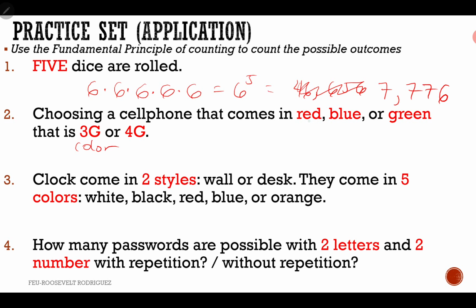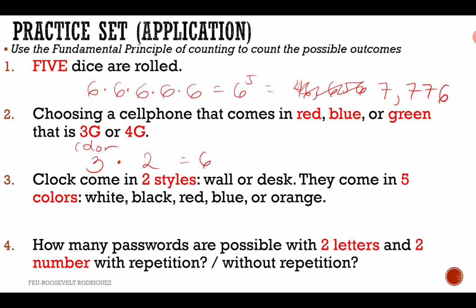For the color, we have 3 possible choices. And for the type, 3G or 4G, we have 2. Okay? So, just multiply those values. Therefore, we have 6 possible combinations or outcomes for this given problem. So, we have 3 times 2.